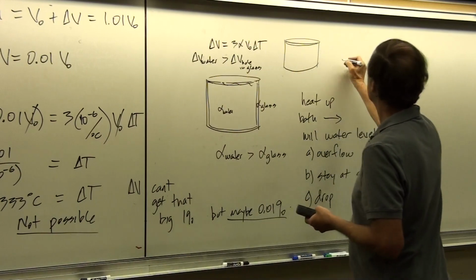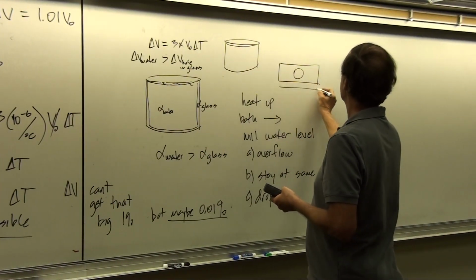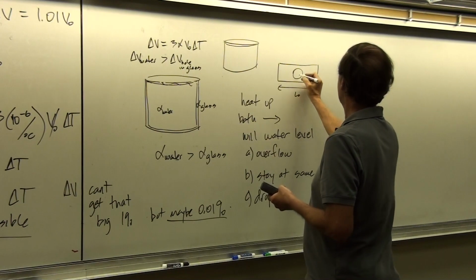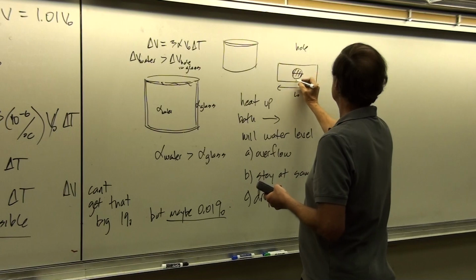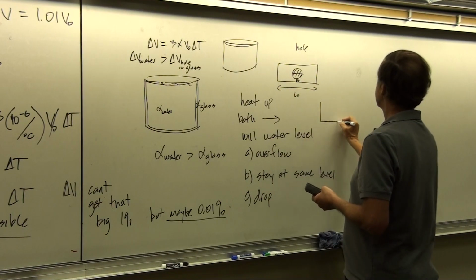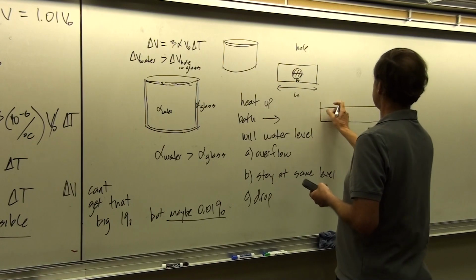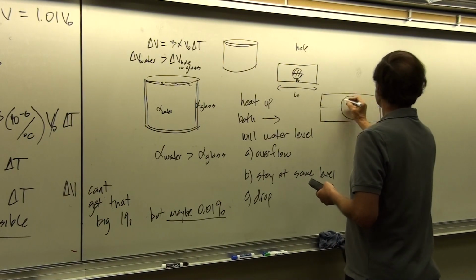Or you could also do this with, say, a hole in a piece of steel. If this length here is L naught and this diameter of the hole is D naught, then as the metal expands, the hole expands too.